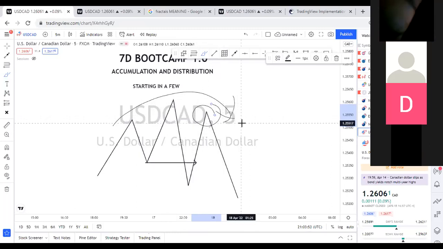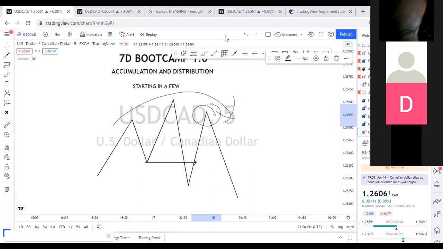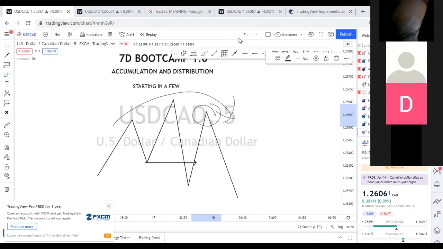Do you understand that now? We are looking for that break of structure again inside of our order block, or your institutional candle.